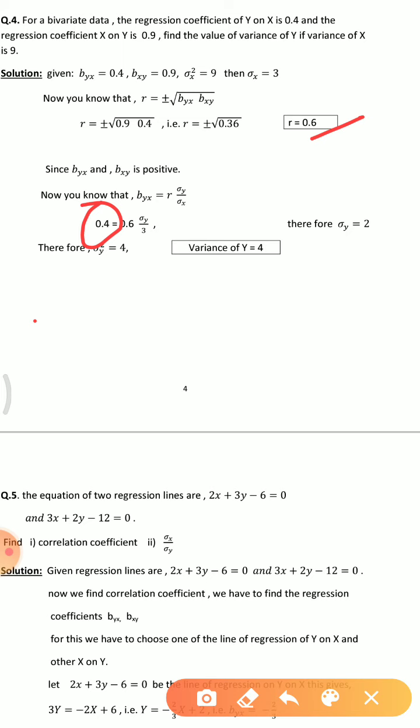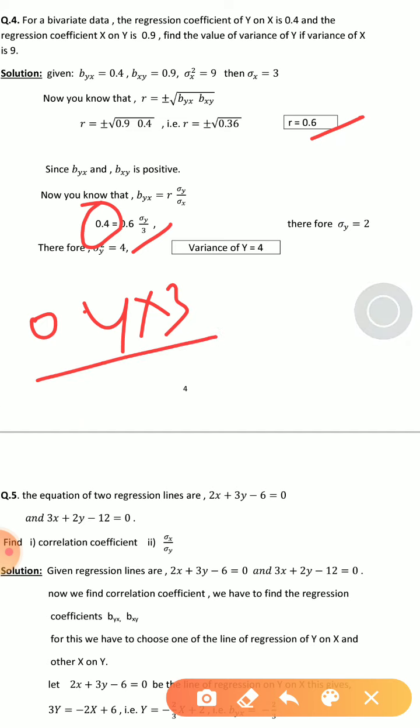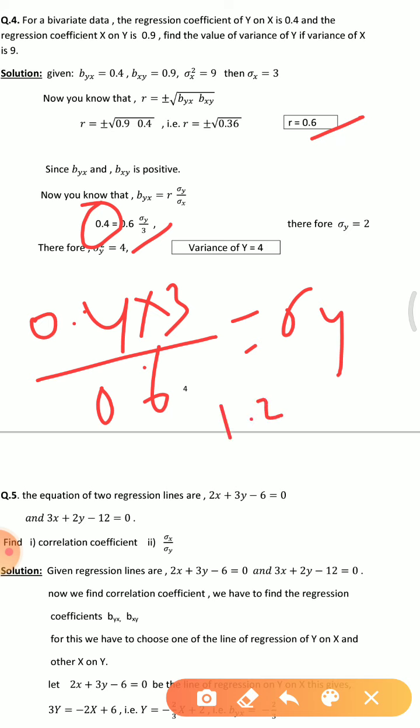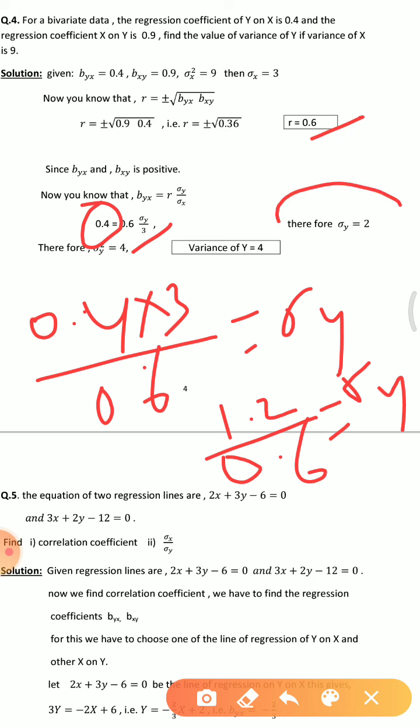Then the 3 divided here shifts to that side: 0.4 into 3, upon 0.6, and the 0.6 multiplied here shifts to that side and divides sigma y. Then 3 4s are 12, that is 1.2 upon 0.6, that is equal to sigma y. 6 2s are 12, that means the answer becomes sigma y is equal to 2 here. Then squaring both sides, sigma square y is equal to 4.